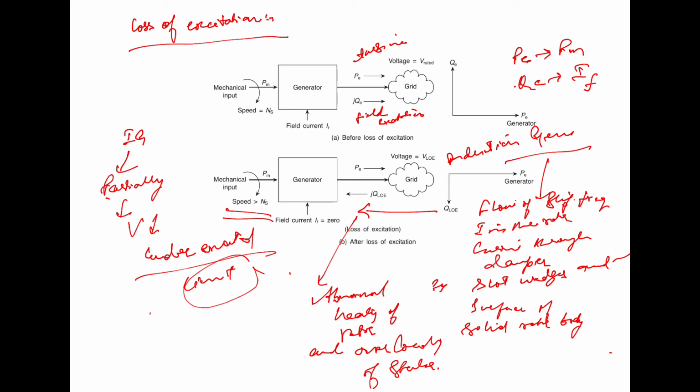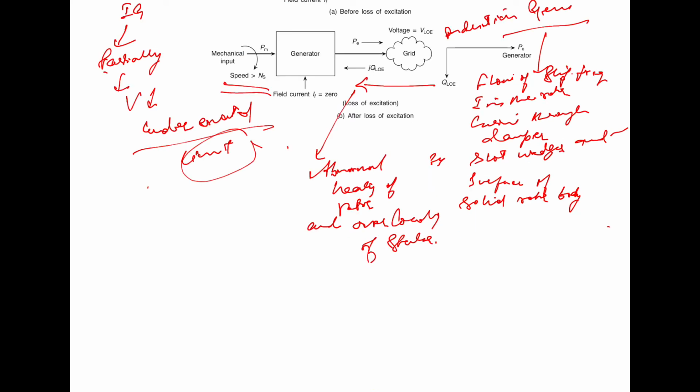The simplest method by which the loss of excitation can be detected is by monitoring the field current.